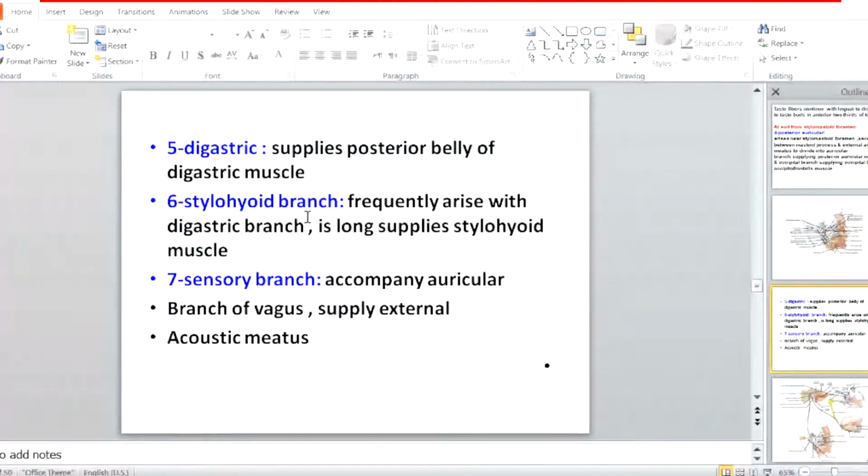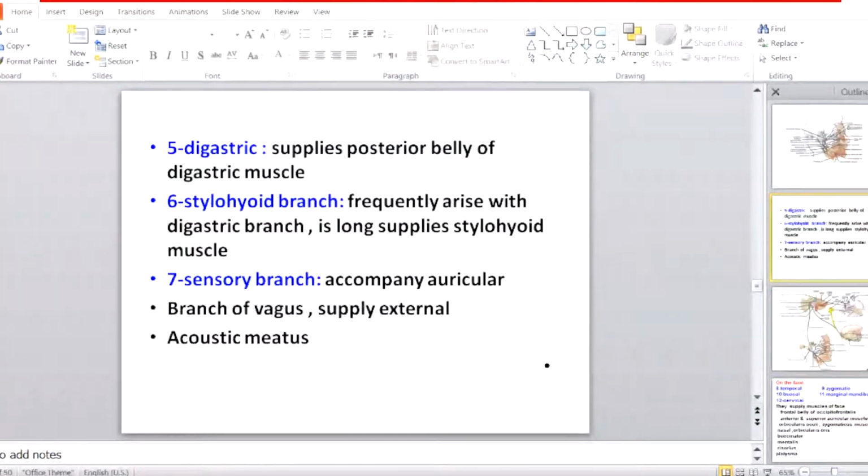Then the stylohyoid branch, which frequently arises with the digastric, supplies the stylohyoid muscle, also derived from the second pharyngeal arch. Finally, the sensory branch accompanies the auricular branch of the vagus and supplies the external acoustic meatus and partly the middle ear cavity.